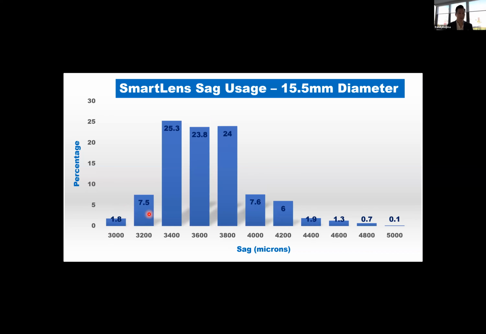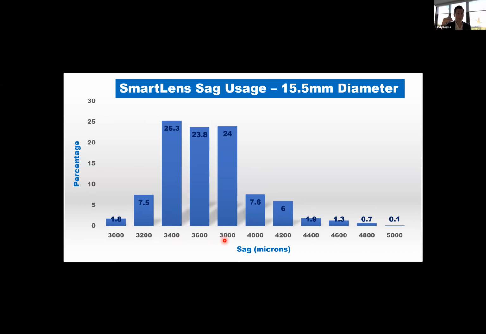In the 15.5, it's a very similar story. Most patients fall within the 3,400 to 3,800 micron sagittal depth. And as you can probably tell, the way the SMART lens is fit, it's according to height, not according to base curve. So you think about sagittal depth.